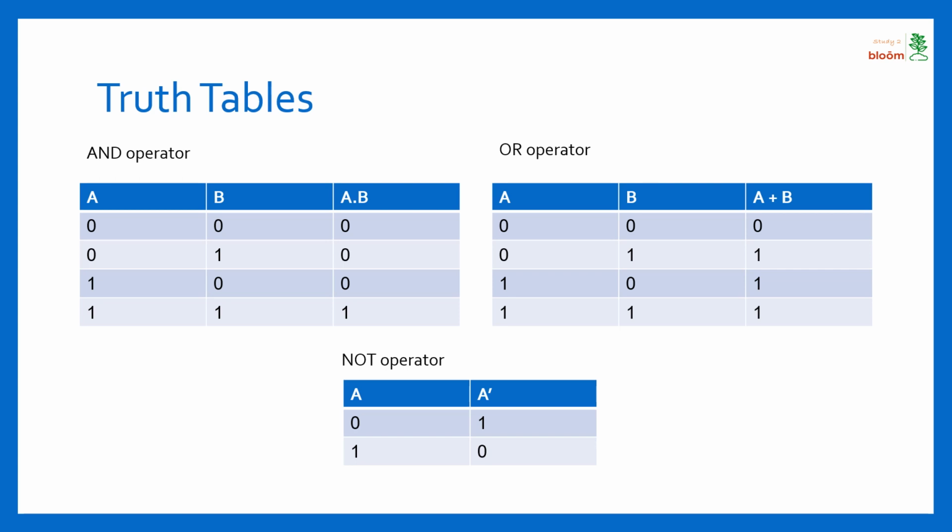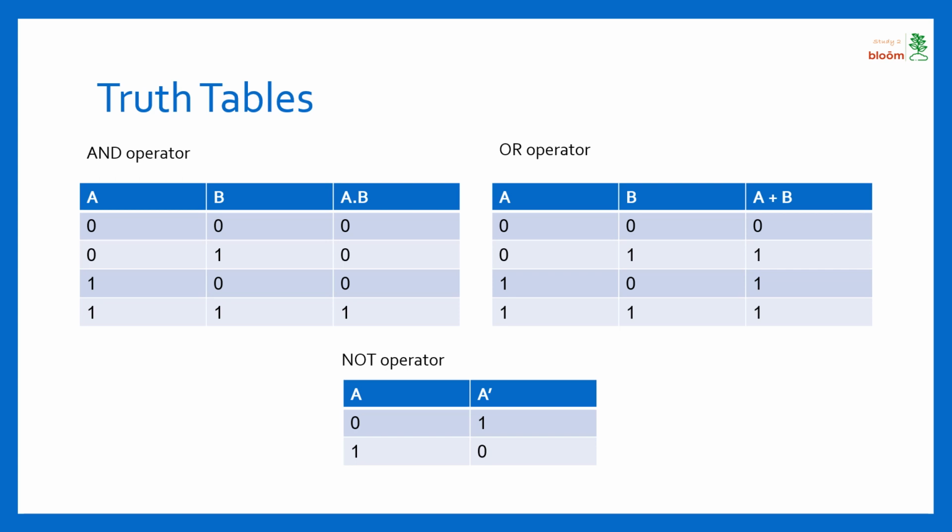For the OR operator, again A can be either 0 or 1, and B can be either 0 or 1. For A OR B, there are four combinations. When A is 0 and B is 0, A OR B is 0. On all other three occasions, when either one or both are 1, A OR B is equal to 1. And for the NOT operator, if A is 0, then NOT A is 1.